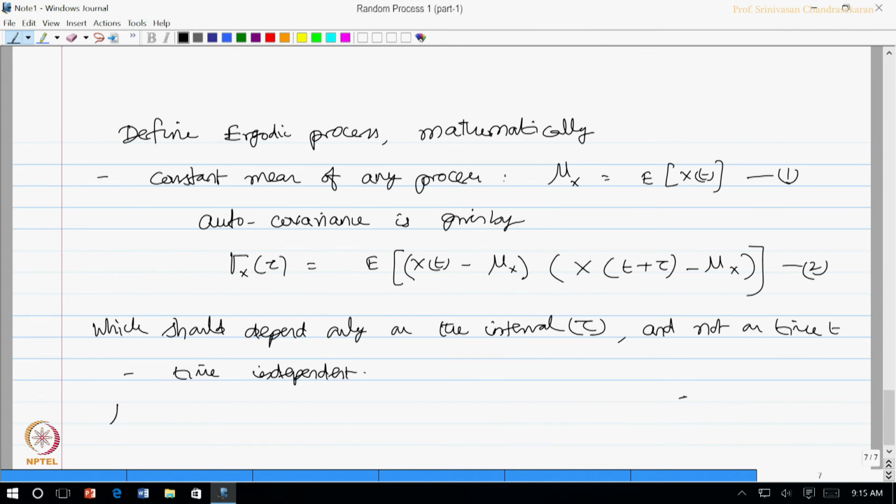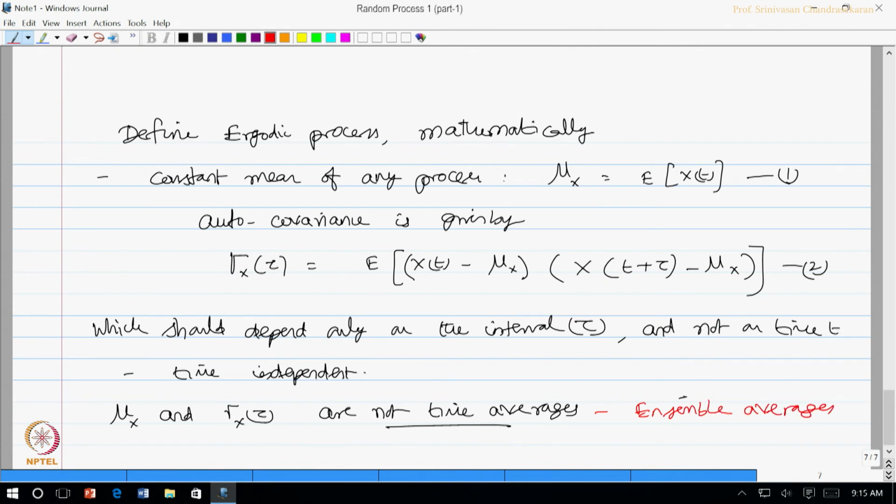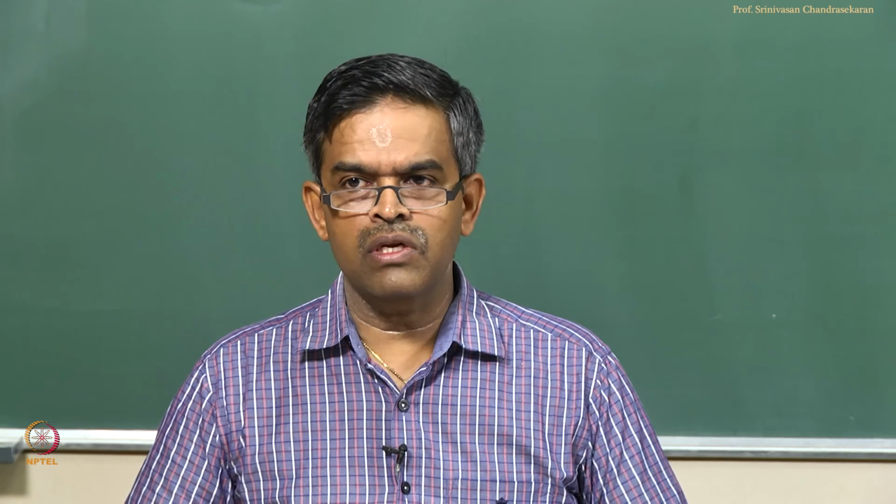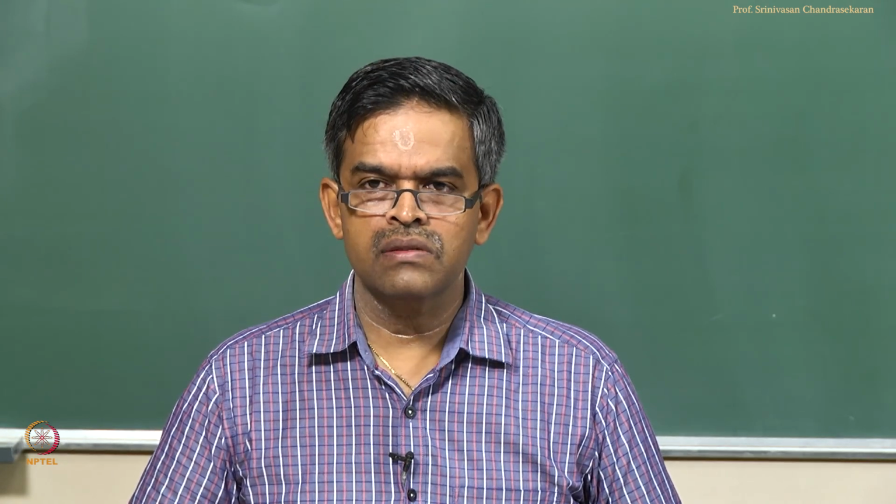Therefore, properties like mu x and autocovariance are not time averages, they are ensemble averages. So, that is the fundamental difference we have between a classical random process and an ergodic process, which is a part of the random process.